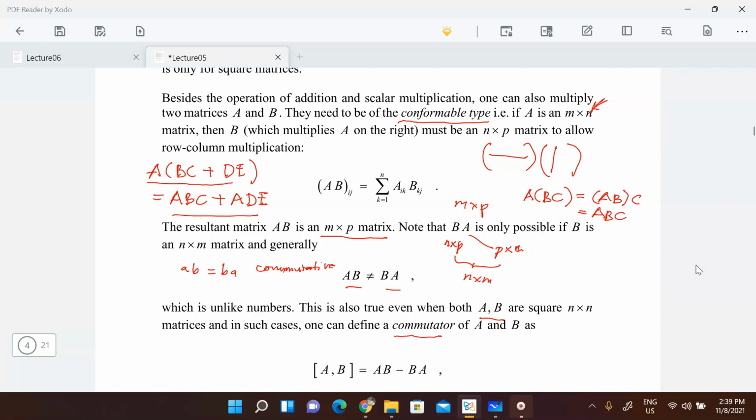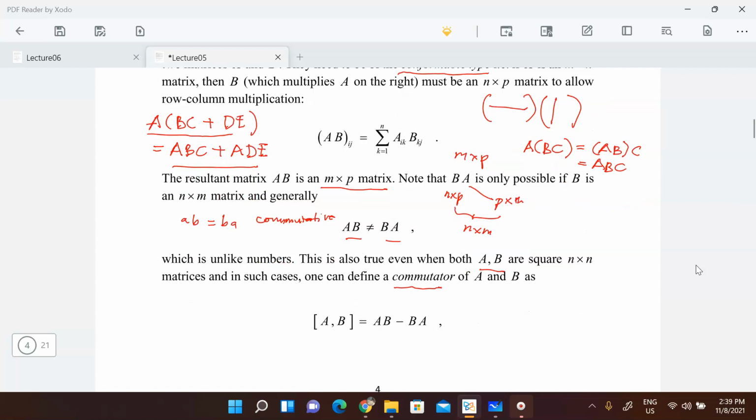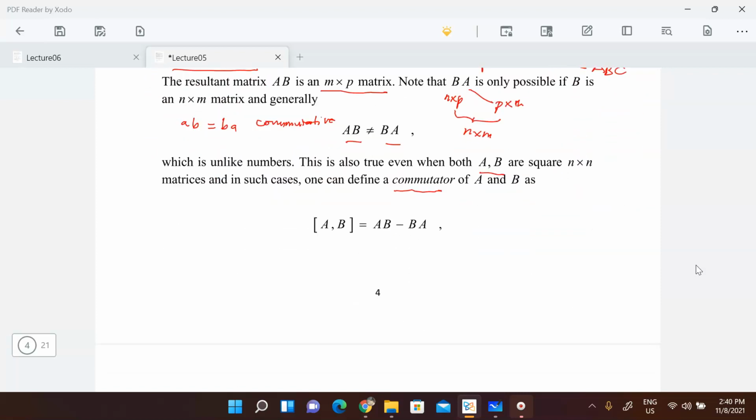The commutator measures how this identity fails. You define the commutator of A and B to be A times B minus B times A, and that will tell you how much the matrices differ from the property of a number.